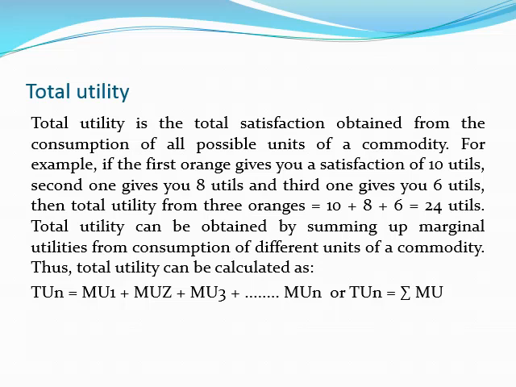Total utility can be obtained by summing up marginal utilities from consumption of different units of a commodity. Thus, total utility can be calculated as TU = MU1 + MU2 + MU3 + ... + MUn, or TU equals the summation (sigma) of MU.